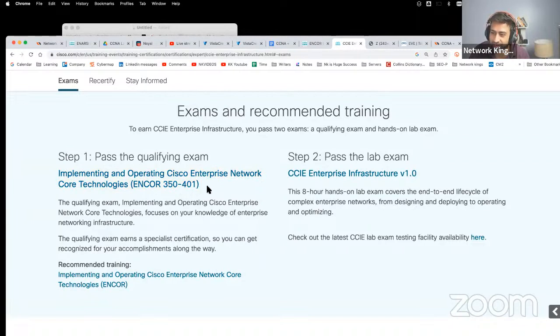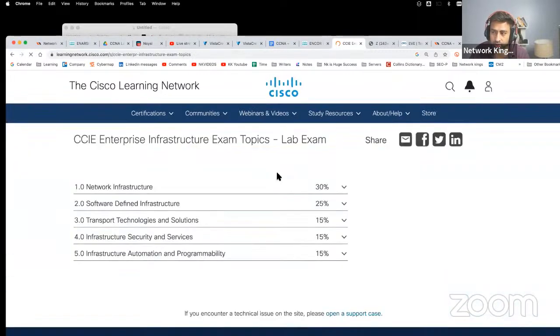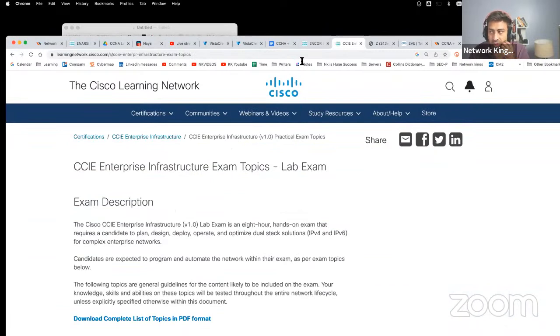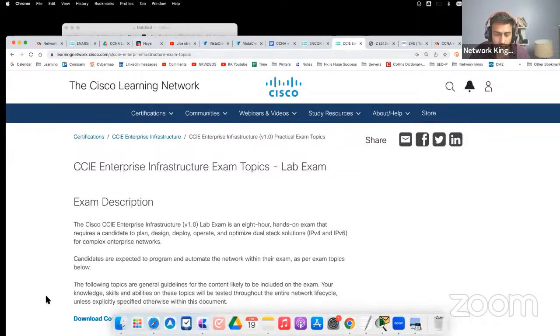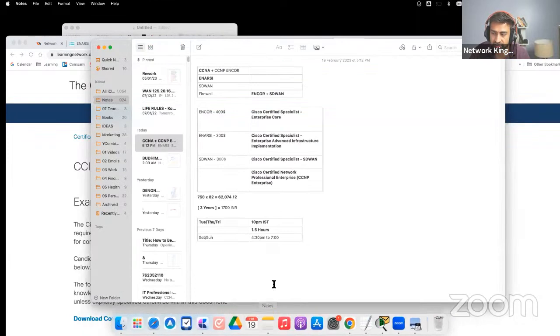So after that, in core, this is step one, and then you are eligible to give this exam, which is an 8-hour lab on CCIE. Many good companies, suppose after the CCNP you get a job, and now the company is giving you what we call sponsorship, that yes, we will pay for your CCIE. There are many, many companies in India today, even outside India.